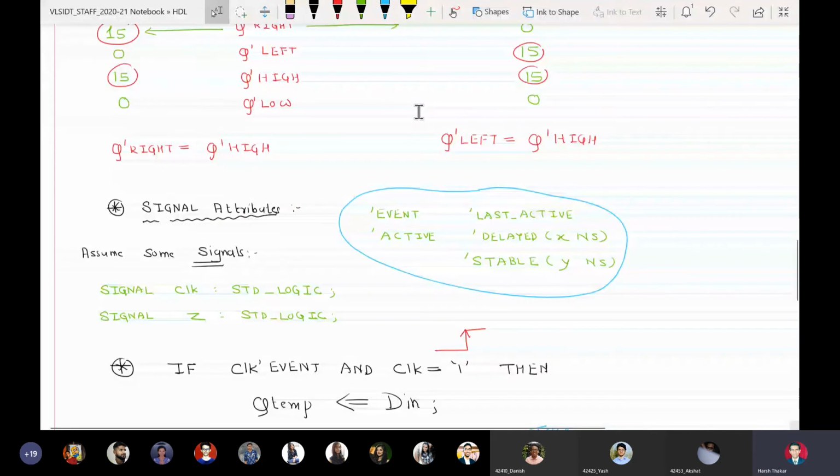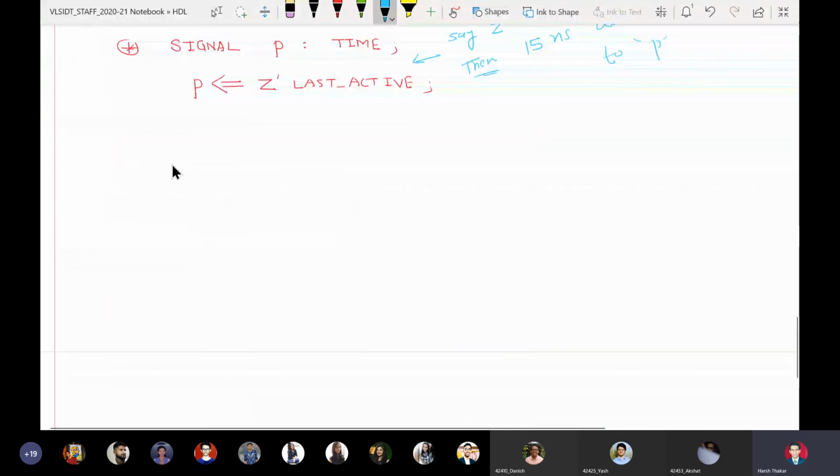Okay, now delayed. So example of delayed is, okay, so I define signal A comma C colon standard underscore logic, and this is what I will define in the entity declaration.